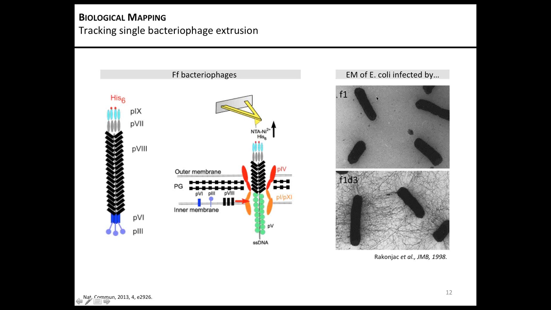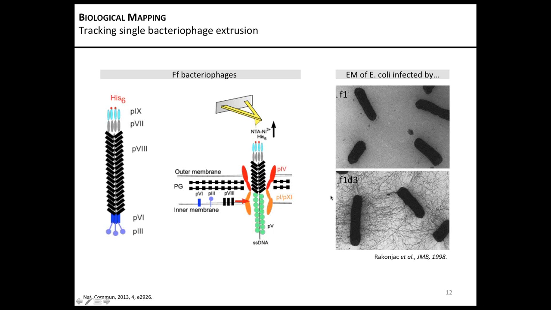Here you have 2 different electron microscopy images. In the first one, the Escherichia cells are infected with wild-type phage, and you can see like small hair around the cells. But you are not able to distinguish where the viruses are, and it's very difficult to say where the extrusion sites are localized.